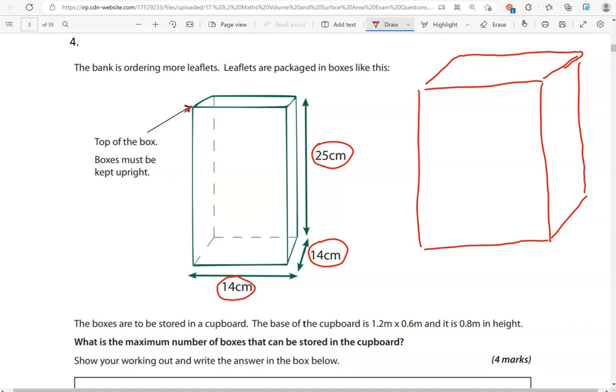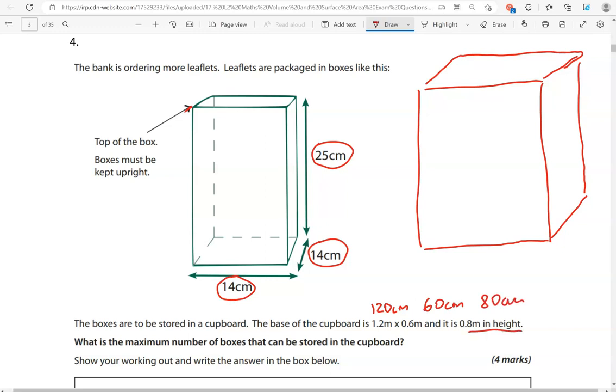So we've got different units. First thing to do is to convert the meters into centimeters. So 1.2 meters, that will be 120 centimeters, because there are 100 centimeters in a meter. 0.6 meters, that will be 60 centimeters, and 0.8 will be 80 centimeters.